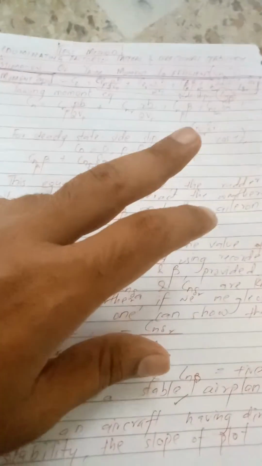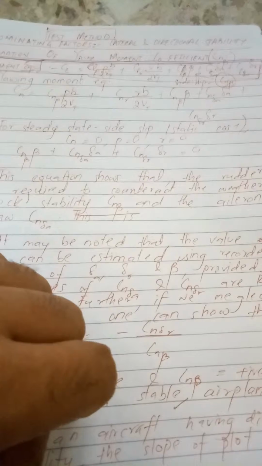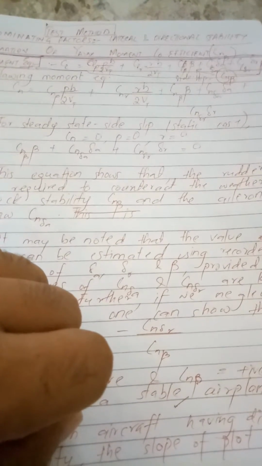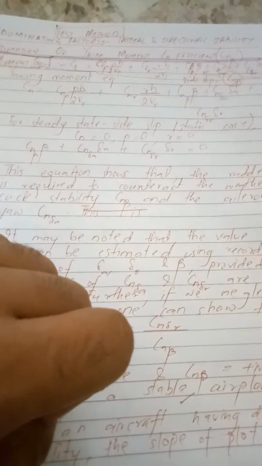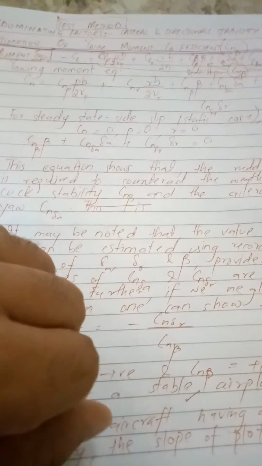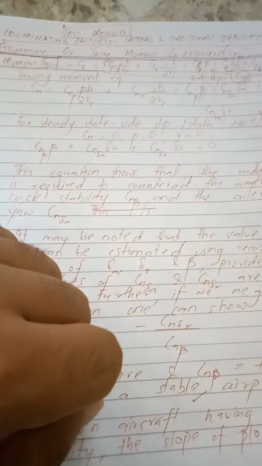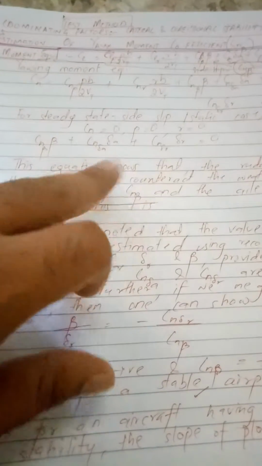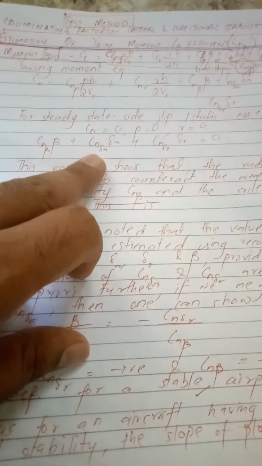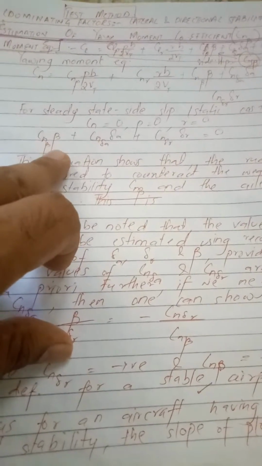Here lambda A is the aileron, so that is the aileron coefficient, and Cn lambda R is because of the rudder. But we have to calculate Cn of beta, which is the yaw, and that is for the steady slip. All these conditions are for calculating the coefficients, and the coefficient is related to the steady slip.